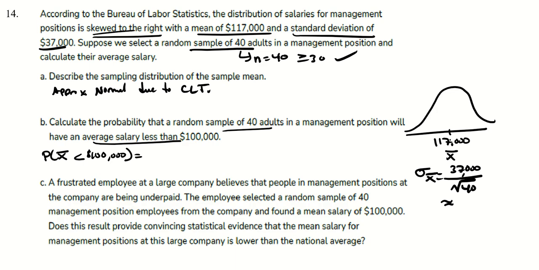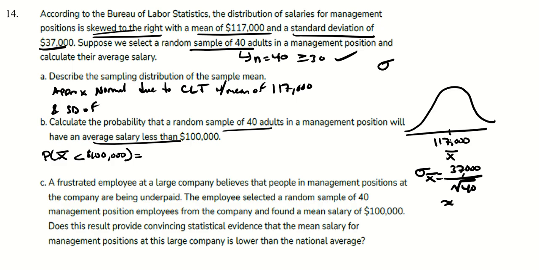Oh, I forgot to describe this one with the mean. Describe the sampling distribution of the sample mean. I should be more specific here, with a mean of 117,000 and standard deviation of, well, let's calculate that.